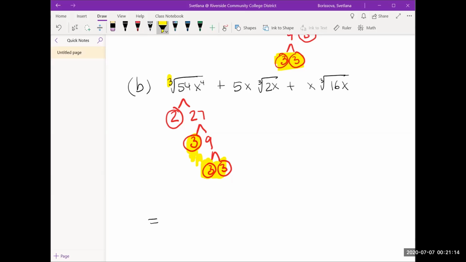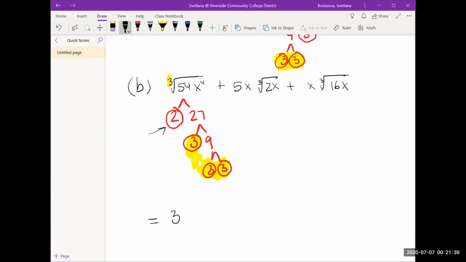So here's the triplet. And if you can find a triplet when you work with cube root, then after that, steps will be the same. One number from the triplet will appear outside of the radical, so that's 3. I can pull it outside. Every number that didn't have a triplet or was not part of a triplet stays inside. So this 2 was not part of any triplet, so it stays inside.